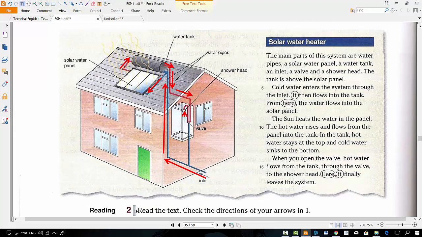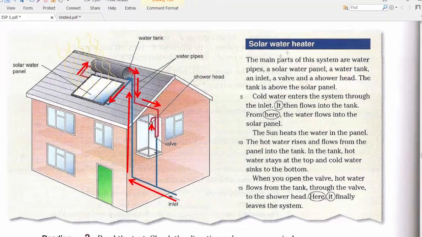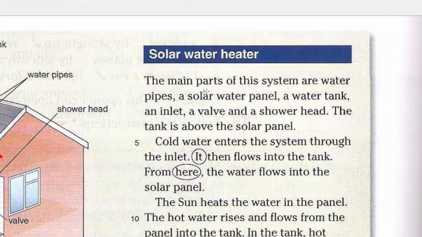Let's now read and check our answers. Solar water heater. The main parts of this system are water pipes, a solar water panel, a water tank, an inlet, a valve, and a shower head.